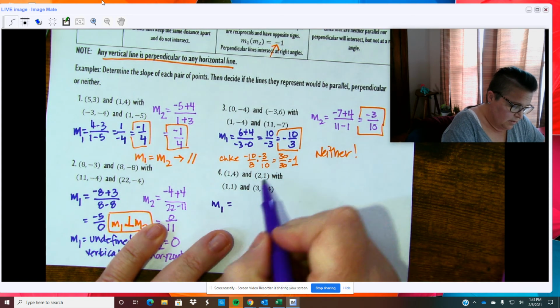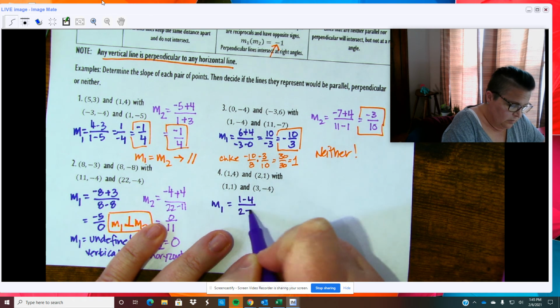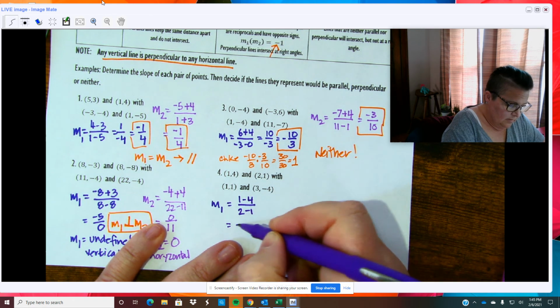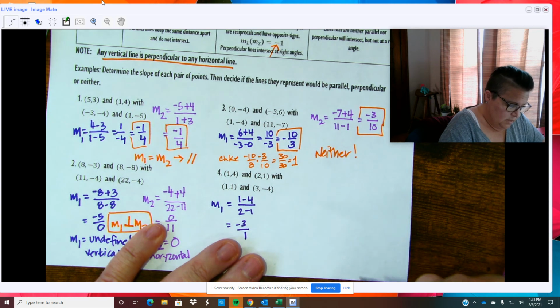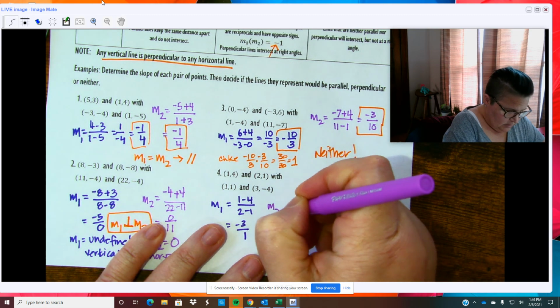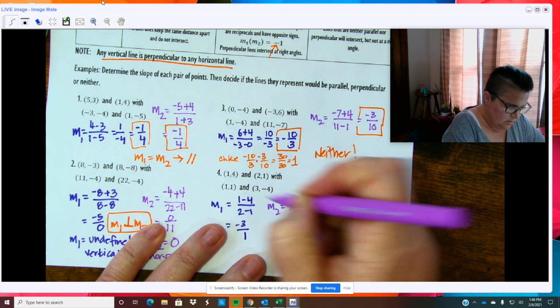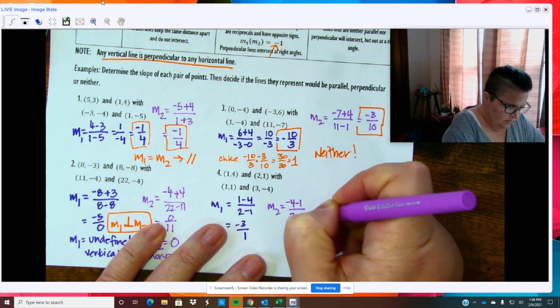Okay. Problem number 4. Our first slope would be 1 minus 4 over 2 minus 1. That's going to be a negative 3 over 1. Notice I'm keeping both parts. Slope 2 would be negative 4 minus 1 over 3 minus 1.